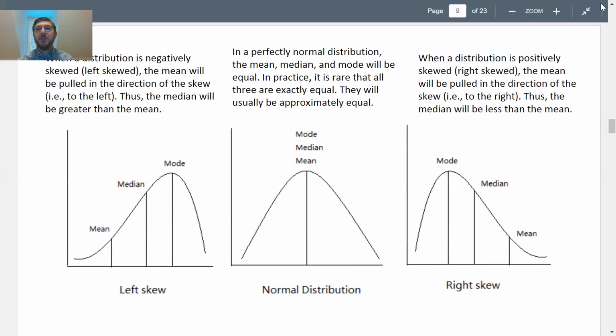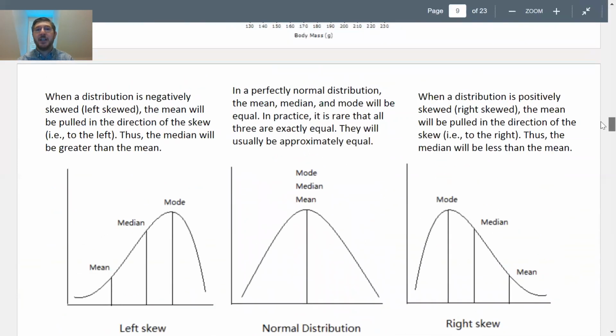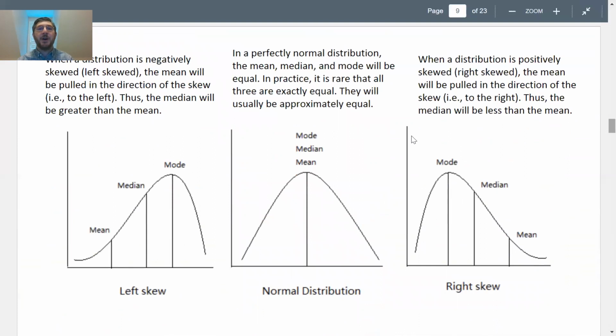If you have a perfectly normal distribution, the mean, median, and mode will all be equal. This rarely occurs in practice. They'll be approximately equal. You don't have to expect them to be exactly the same, but they'll approximately be equal in a normal distribution.